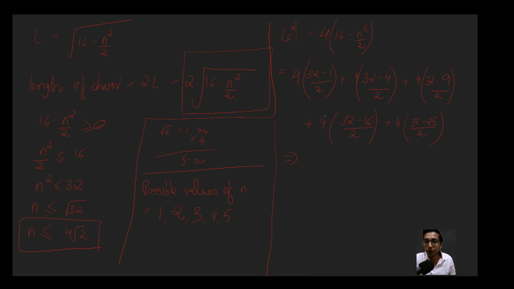So from here 4 by 2 can be taken common, so we've taken 2 common here. What are we getting? 31 plus 28 plus 23 plus 16 plus 7, and from here what are we going to get our answer to be? 210. So this is our answer.